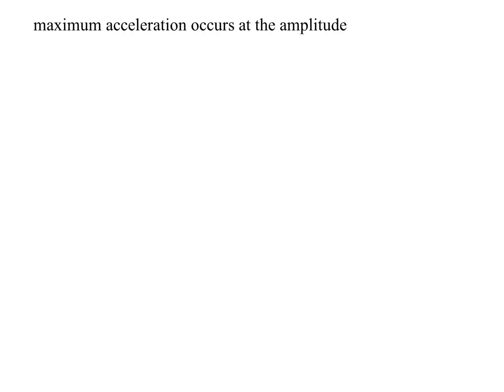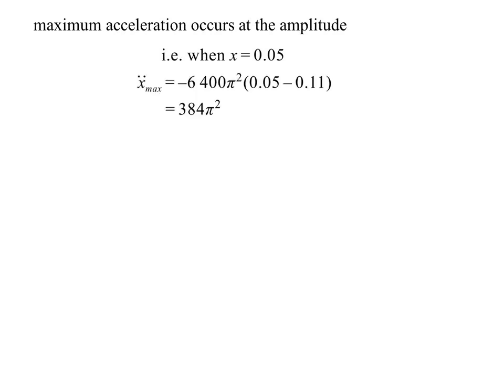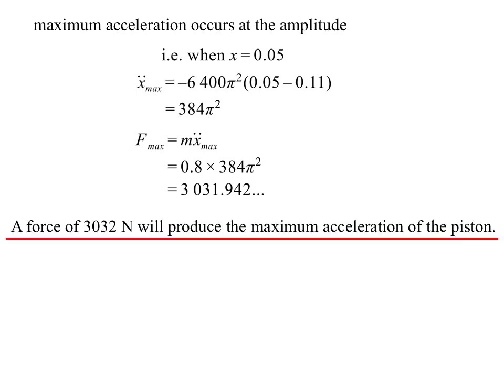I could substitute in either one of the 2. I went for the 0.05. So x is 0.05. There's the maximum acceleration, but they wanted the maximum resultant force. Force is mass times acceleration. There it is. The force of 3,032 newtons will produce the maximum acceleration of the piston.